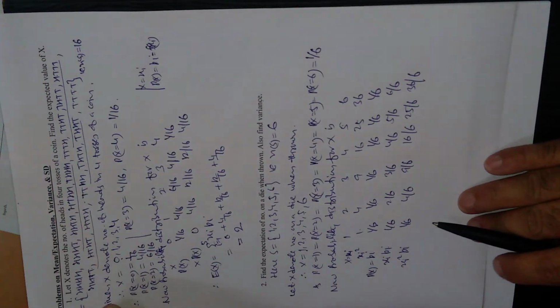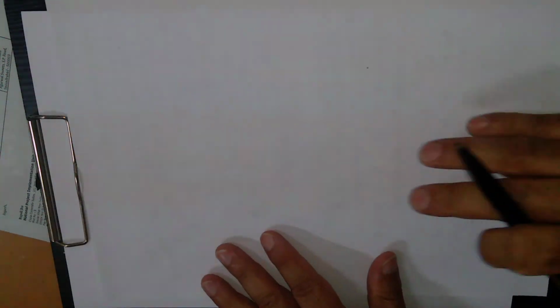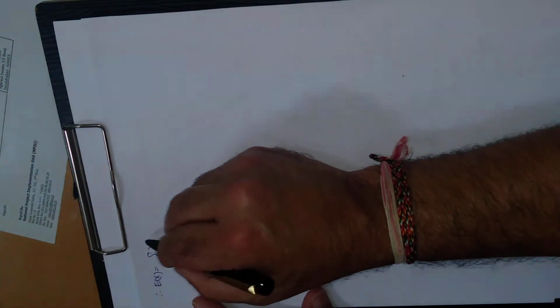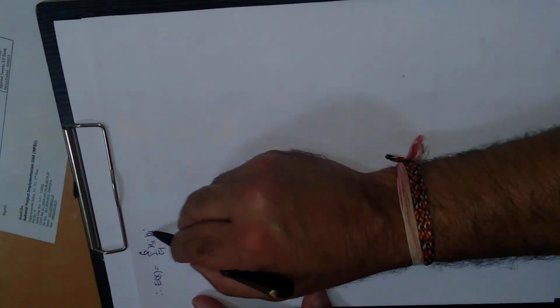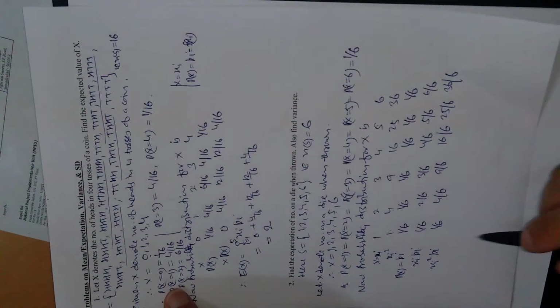Now we want to find the expected value. Therefore the expected value of x is the summation of xi pi, and i is varying from 1 to 6 because there are 6 values of the random variable and 6 probabilities. This product is already there.